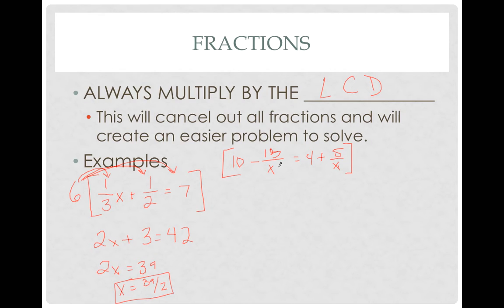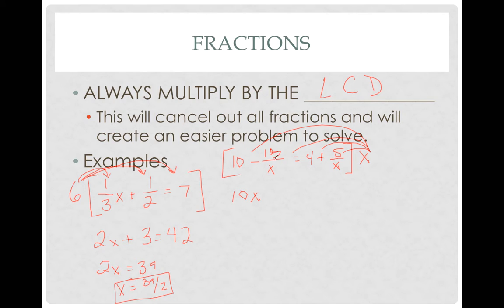The only denominator is x, and that is my lowest common denominator. So again, I'm going to take this x and I'm going to distribute to all 4 of these pieces inside this set of brackets or parentheses. So my first one is 10 times x, which is 10x.